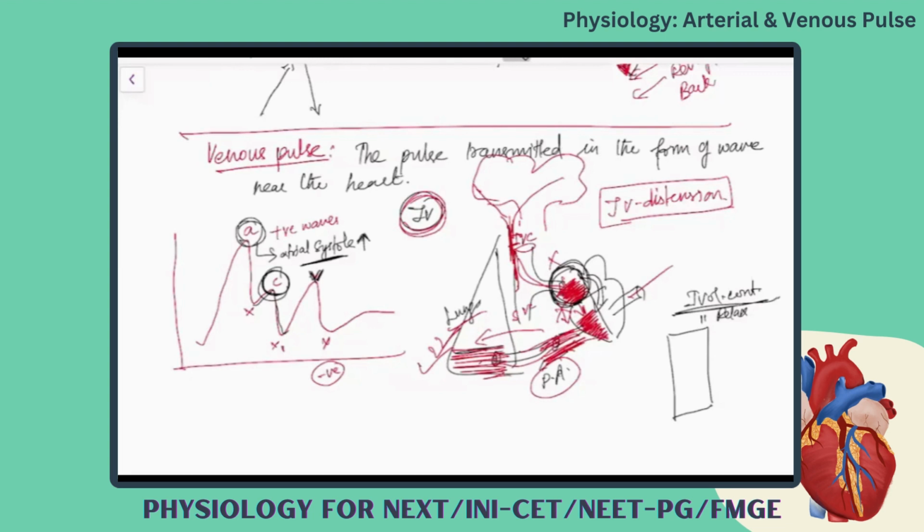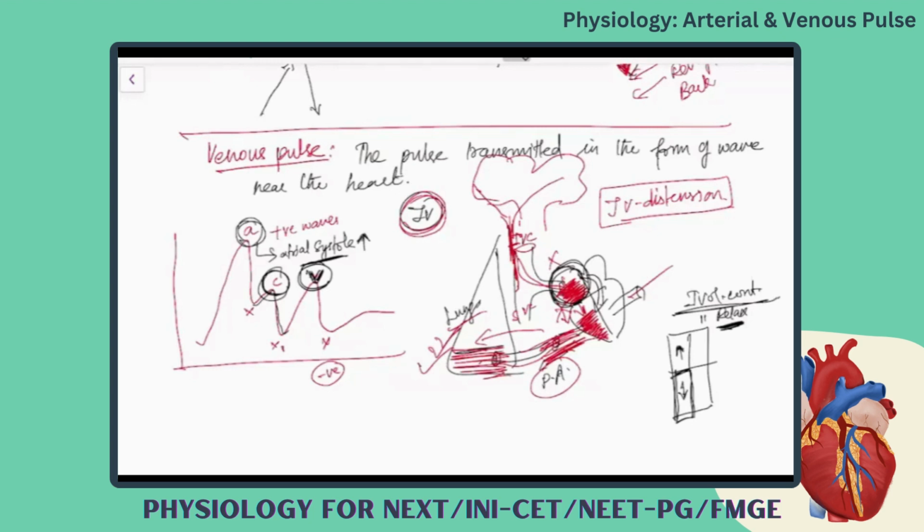In the case of V wave, this is due to the pressure rise in the atrium during the isovolumetric relaxation phase. In the isovolumetric relaxation phase, the ventricle is a closed chamber, but it is empty. In the sense, it is having low pressure and the atrium is having high pressure because of the venous return.